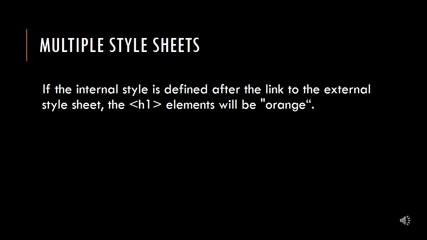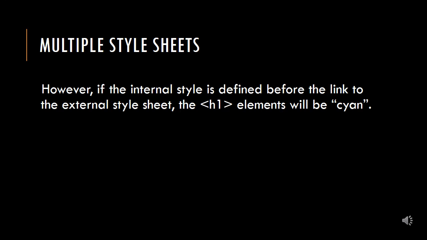Going back to our example, if the internal style is defined after the link to the external style sheet, the heading 1 element will be orange. However, if the internal style is defined before the link to the external style sheet, the heading 1 element will be cyan.